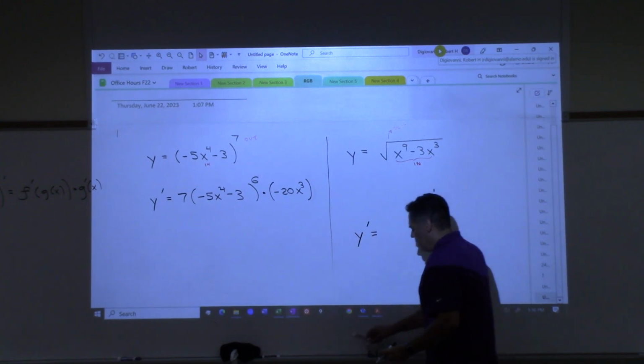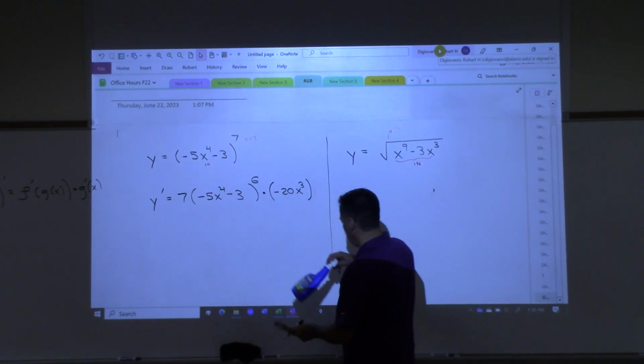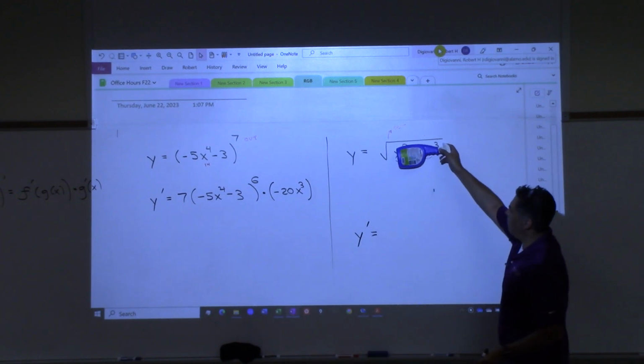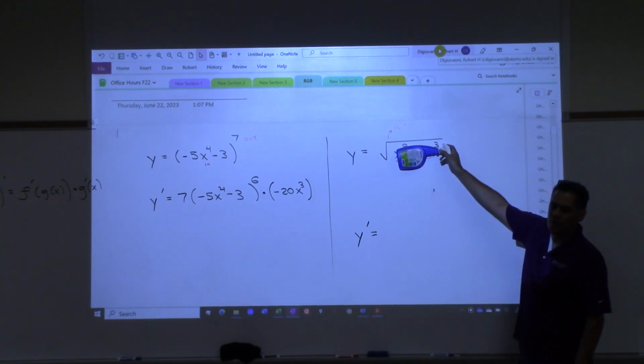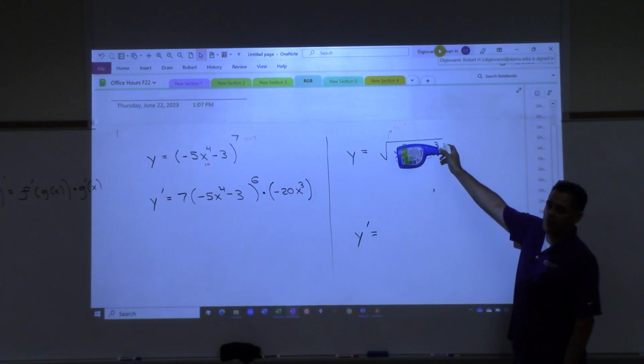So ready? I'll use the bottle again. I'm going to cover the inner with the bottle. Okay, Joaquin, what is the derivative of the square root of a bottle? Yeah, you're on the right track.